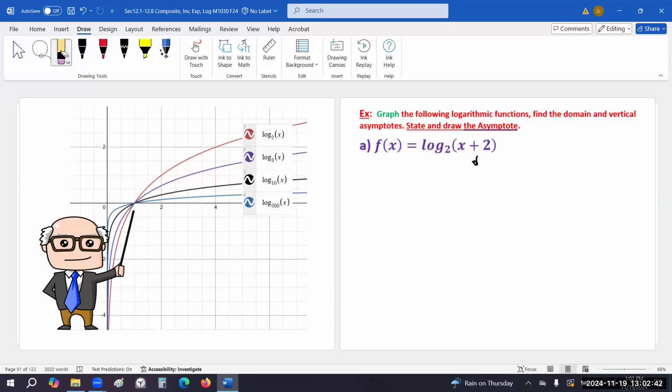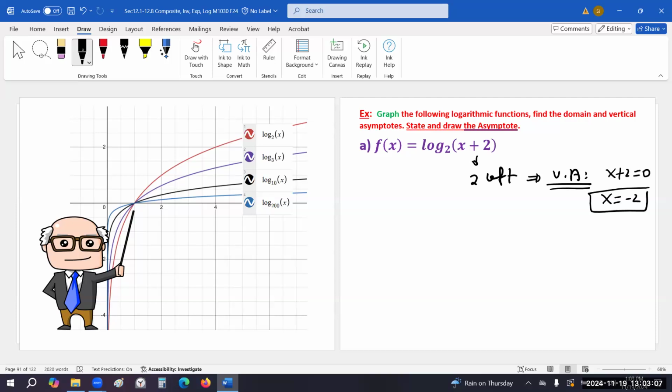So we are going to the left. That's going to give us our vertical asymptote. We take this whole thing, x plus 2, we set it equal to 0, and we get our vertical asymptote.